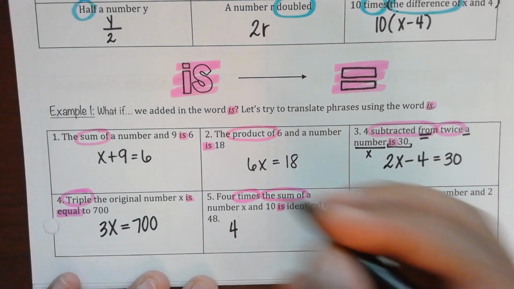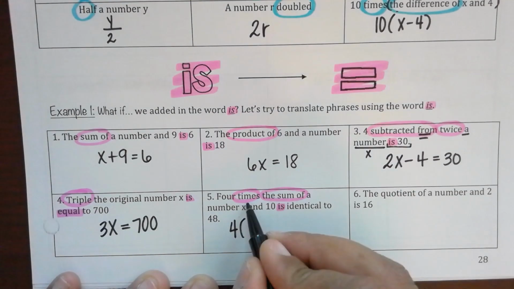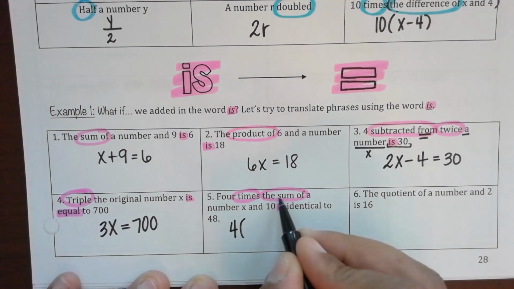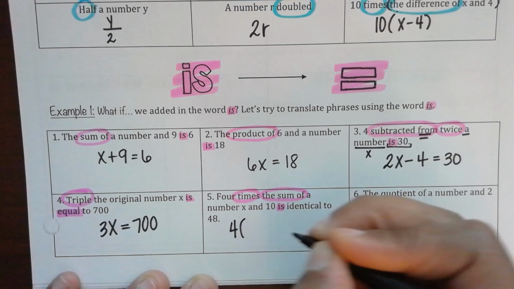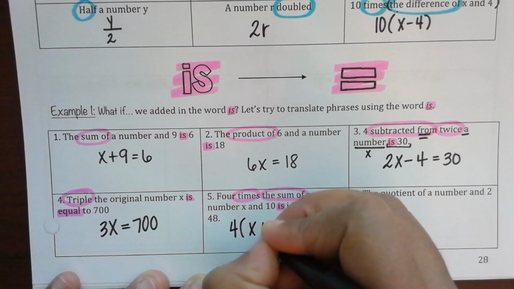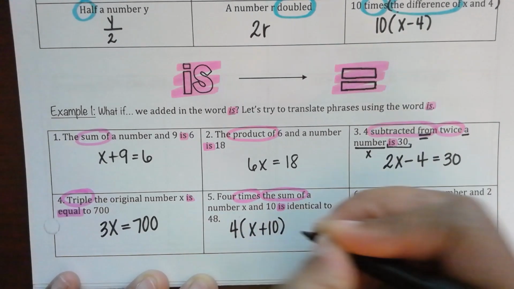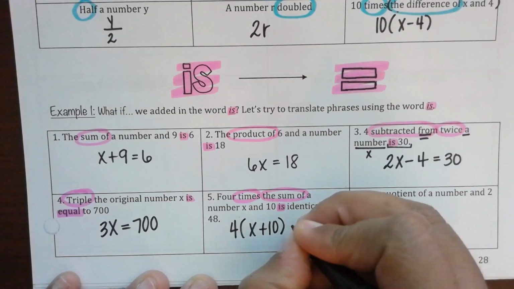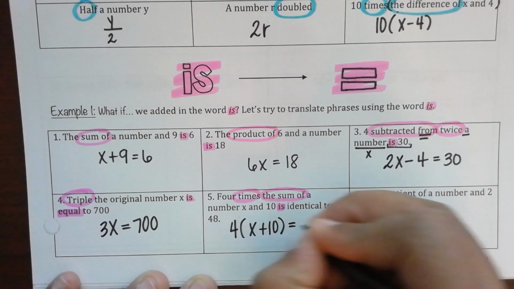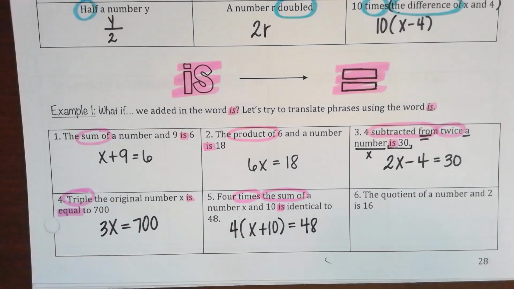What will come after 4? Parentheses. Because is that an operation following another operation? Yes. What needs to go inside of there? And then? That's perfect. Any questions there?